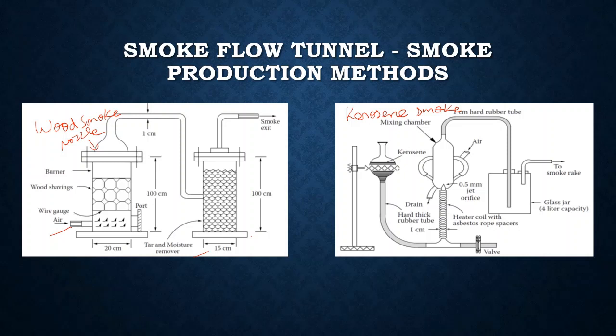That is, the density of smoke is essentially high at the nozzle section, but it slowly reduces, and we have a lower density of smoke which is fed into the smoke rack at the smoke exit, right?